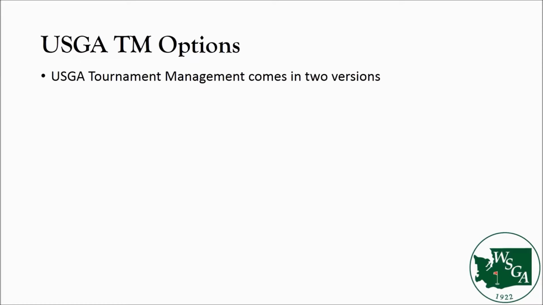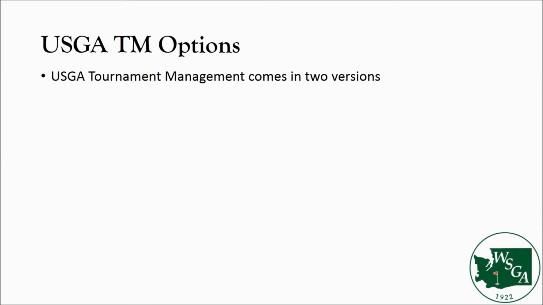All right, let's go into the options. With TPP, there was only one option. We offered you either the client or, eventually, the online option. Now, with the partnership made between Golf Genius and the USGA Tournament Management people, they decided that they wanted to create two options for you.